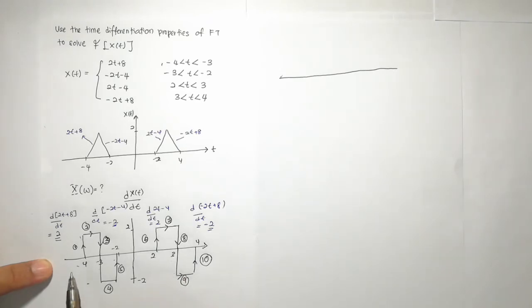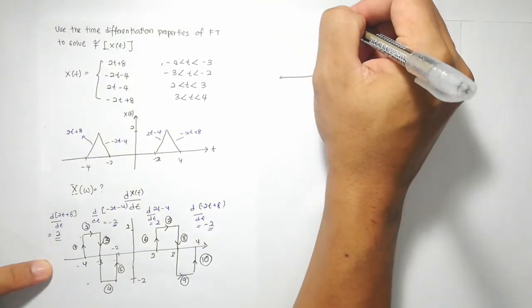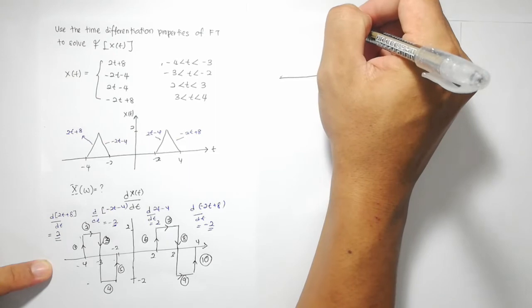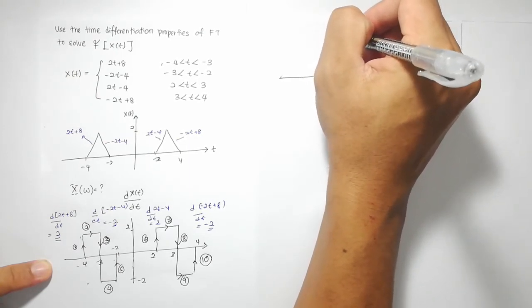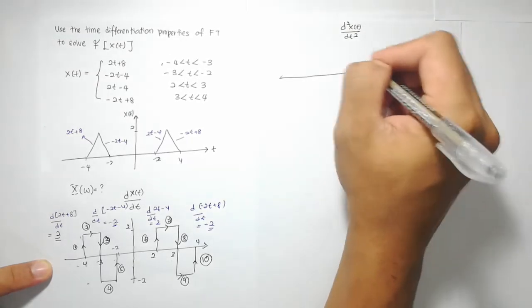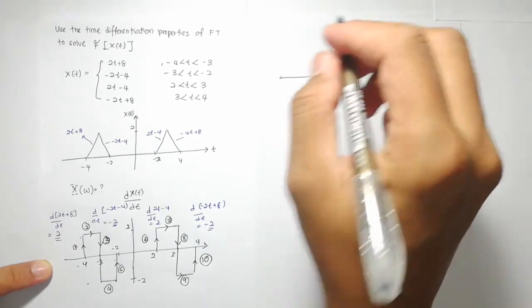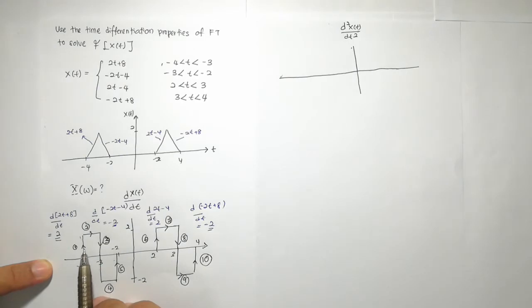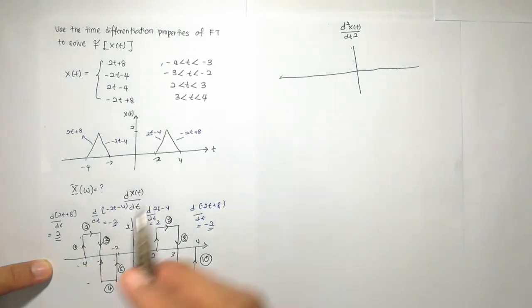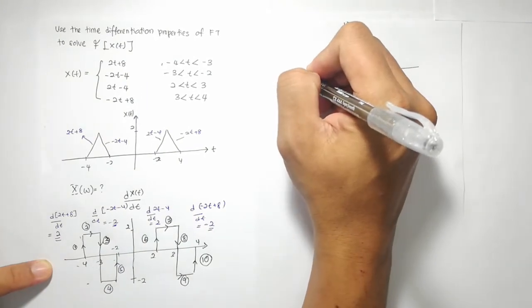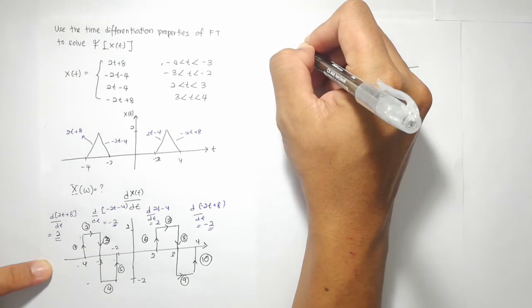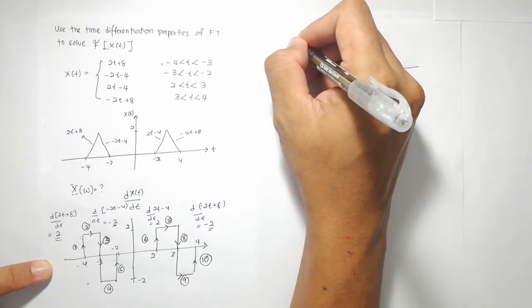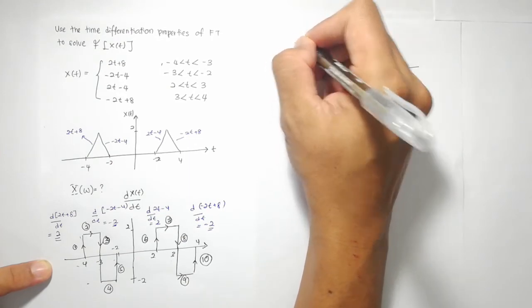If you look over here, when we differentiate for the second time, we have d squared x(t) over dt squared. This will give us, for part 1, a transition with amplitude equal to 2, so we have a delta function at t equals negative 4 with amplitude of positive 2.